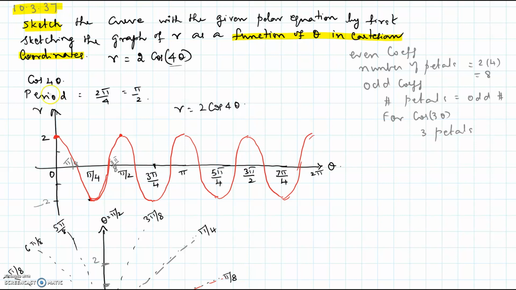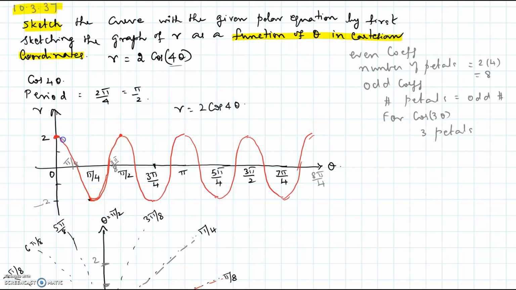Now first we are starting off with the Cartesian graph. For cosine of 4 theta, the period is 2 pi over 4, which is equal to pi by 2. What it means is that between 0 and pi by 2, you will have one complete cycle of the cosine graph.